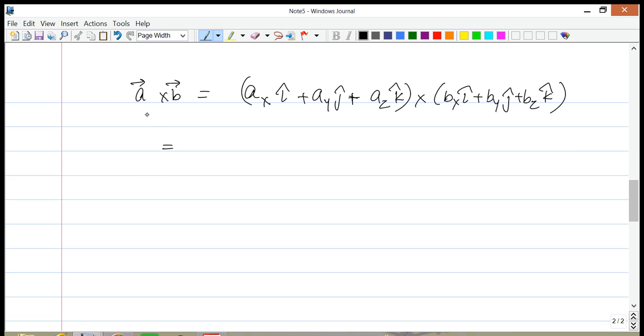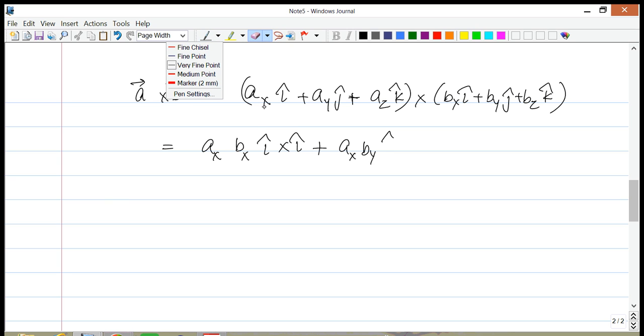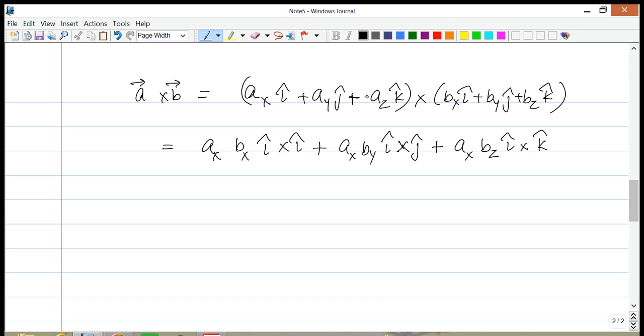Now this ends up becoming AX times BX. Let's multiply the coefficients, but then I have I cross I, plus AX times BY times I cross J, plus AX times BZ times I cross K. So we take care of all the I terms here.